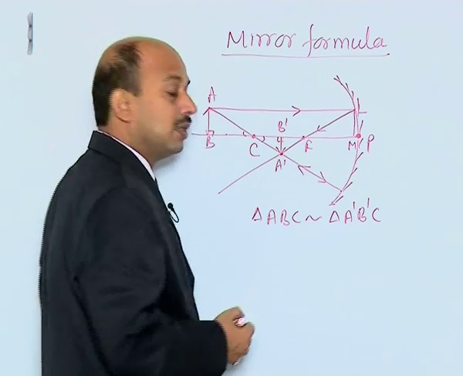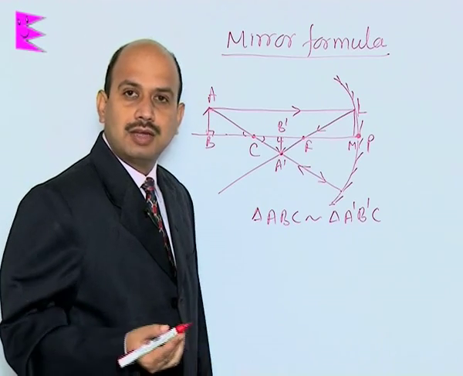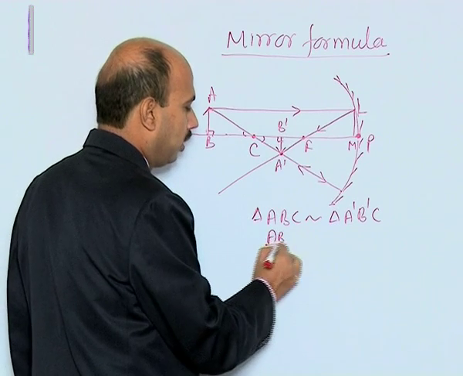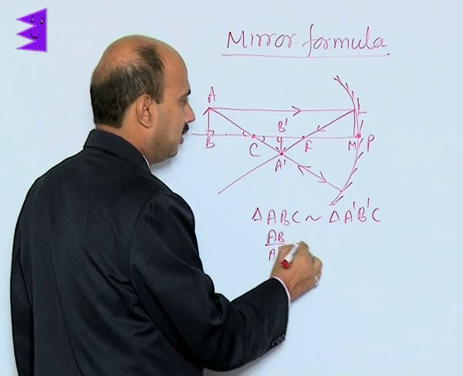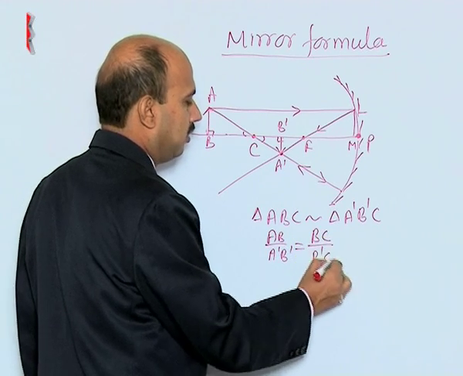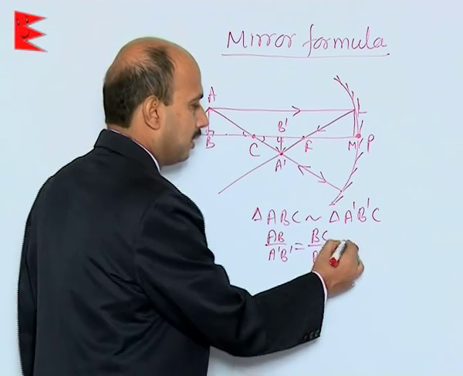If the triangles are similar, obviously their sides are in the same ratio. So we can write AB upon A dash B dash is equal to BC upon B dash C. This we can write as the first equation.